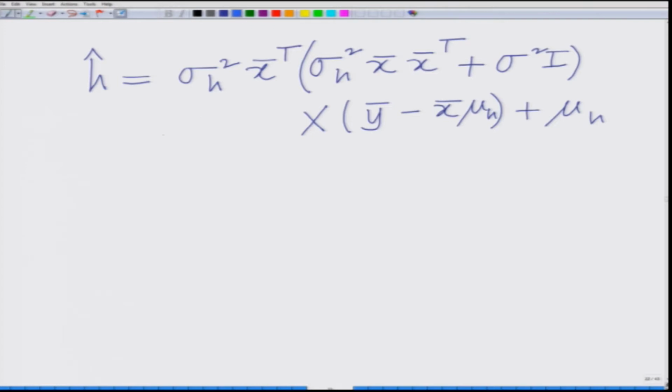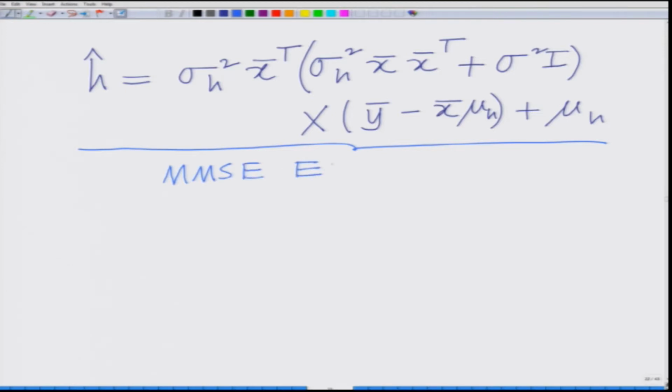This is the MMSE estimate of the channel coefficient h, correct. This is the MMSE estimate of the channel coefficient.